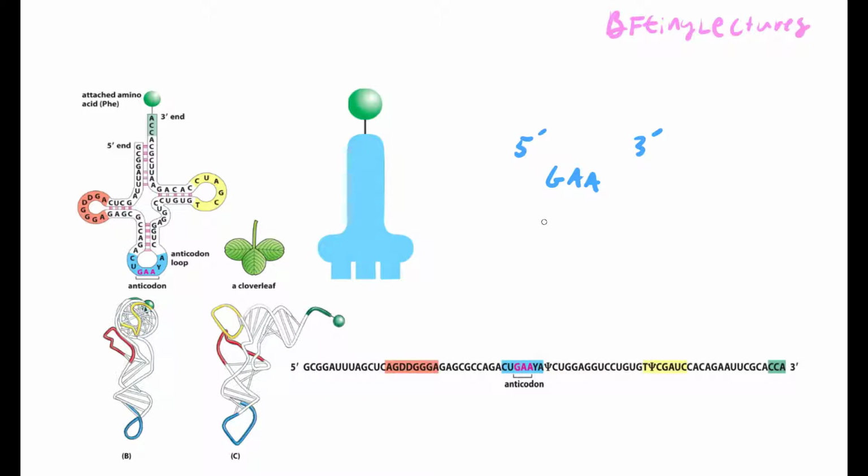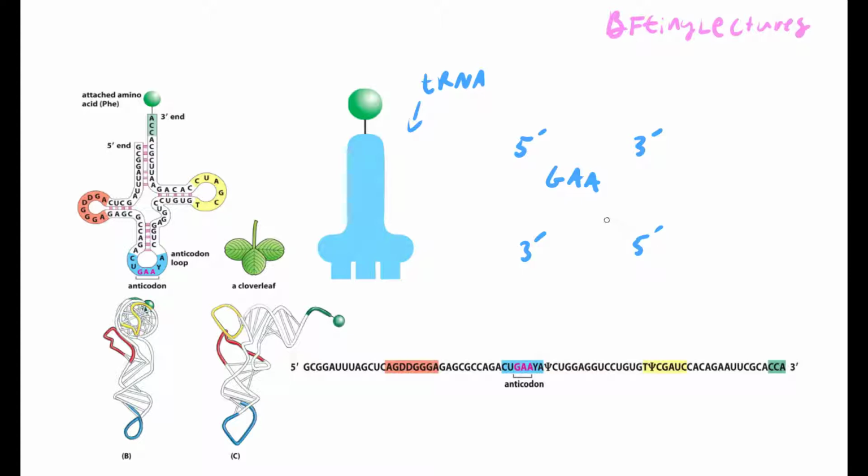But the most important thing that you have to remember, and possibly the most difficult thing in this course, is knowing how to read anticodons. So yes, it is from 5' to 3' GAA, but whenever the tRNA is in the process of creating a protein, it attaches to the mRNA from the 3' to the 5'.